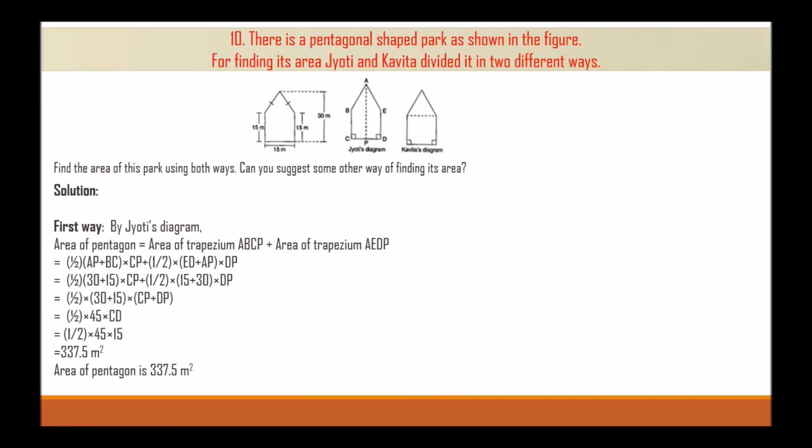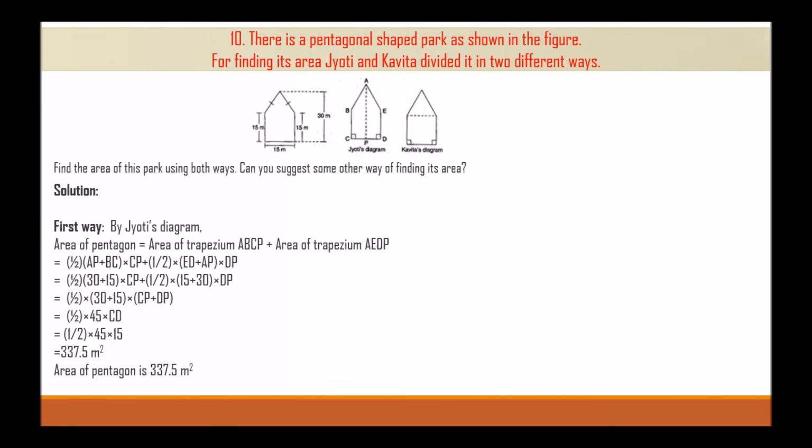10th question. There is a pentagonal shaped park as shown in the figure. For finding its area, Jyoti and Kavita divided it in two different ways. Find the area of this park using both ways. Can you suggest some other way of finding its area? So by Jyoti's diagram, area of pentagon equals area of trapezium ABCP plus area of trapezium AEDP.